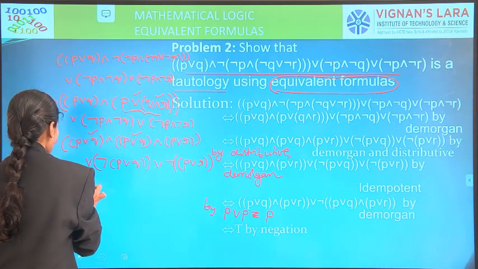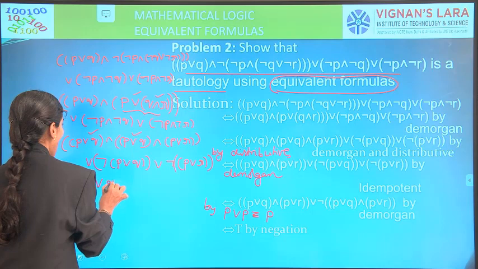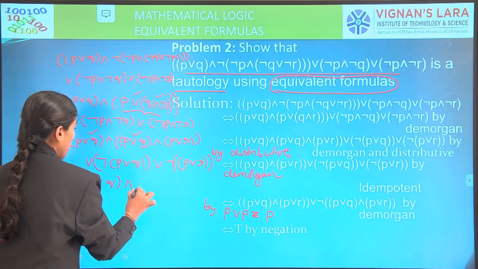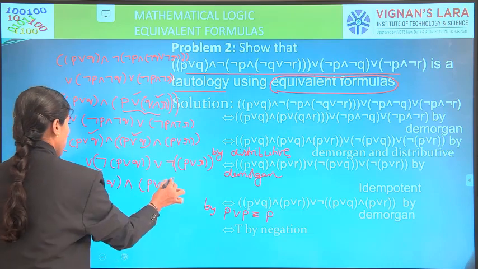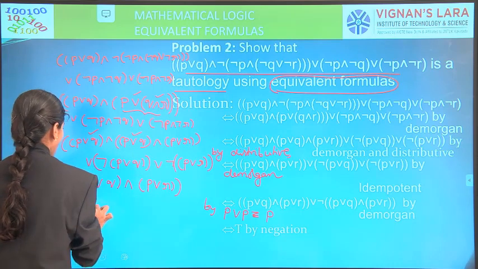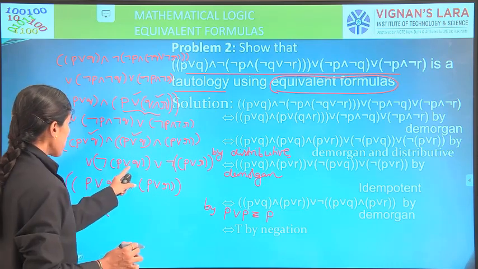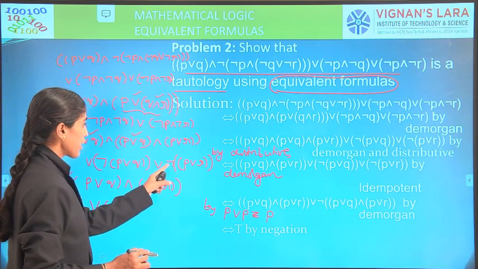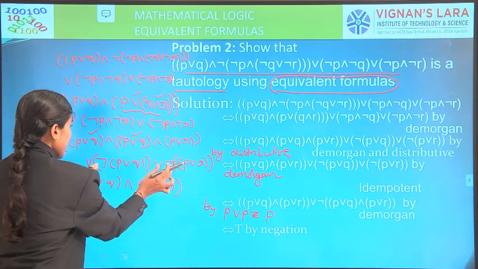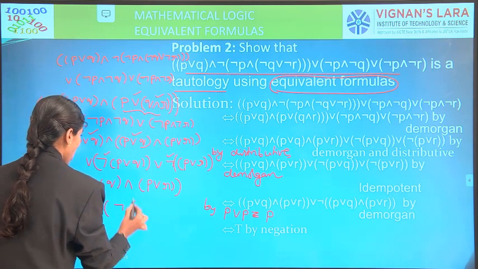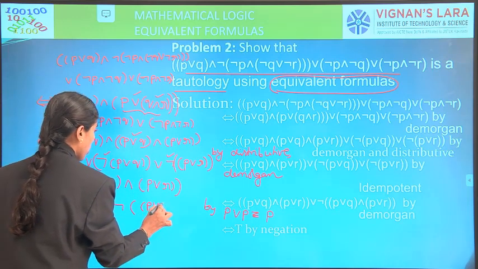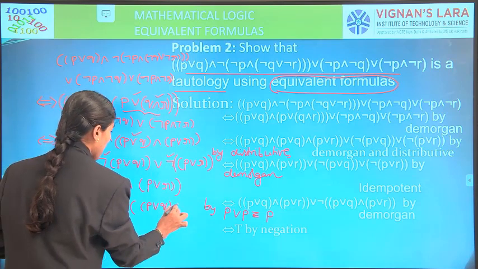PRQ repeated twice, we write this as PRQ and PRR, or negation of PRQ or negation of PRR. Take this negation from these two terms outside, we write negation of PRQ, OR becomes AND.